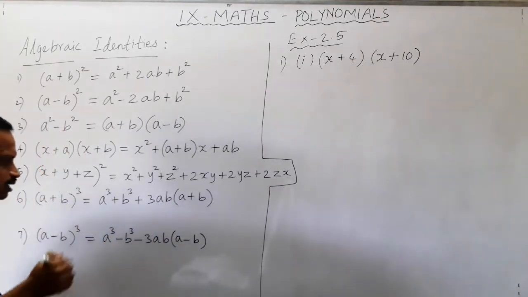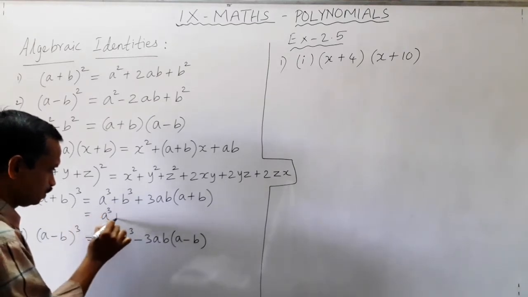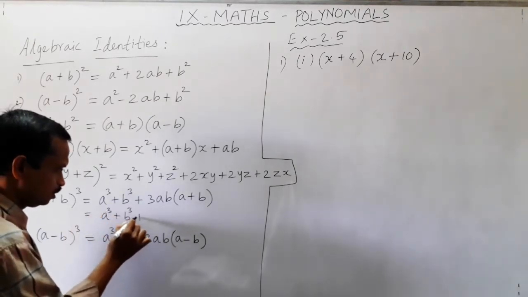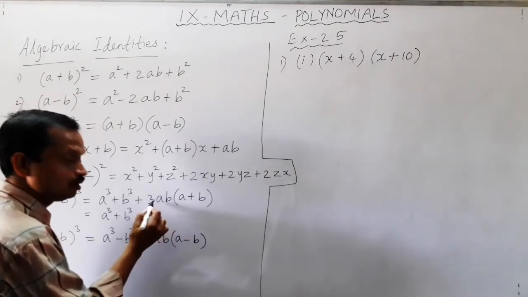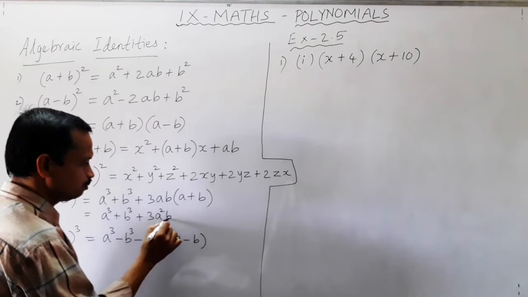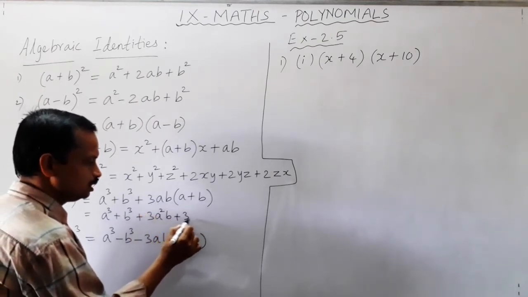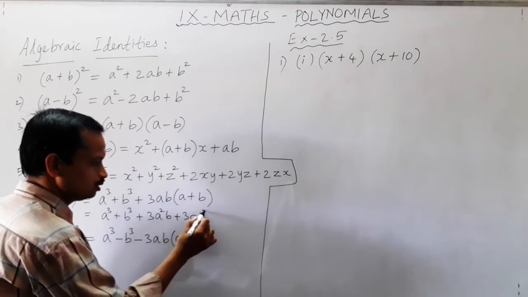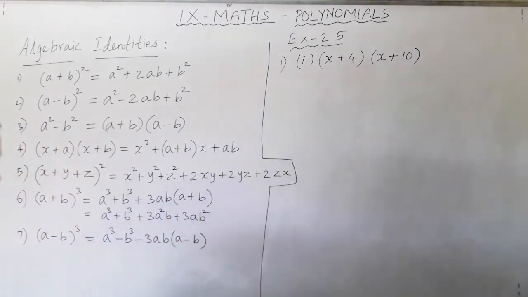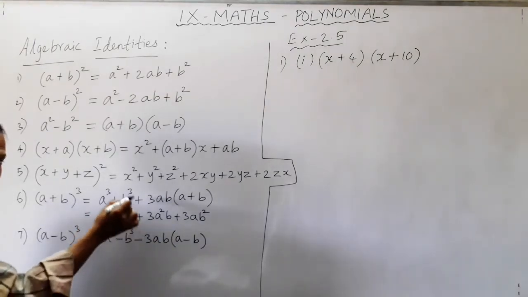If you want, you can write this as a cube plus b cube plus, if you multiply with a, 3ab into a, you get 3a square b, and again 3ab into plus b, so plus 3ab square. Clear? And now coming to here, (a minus b) whole cube, both are the same.